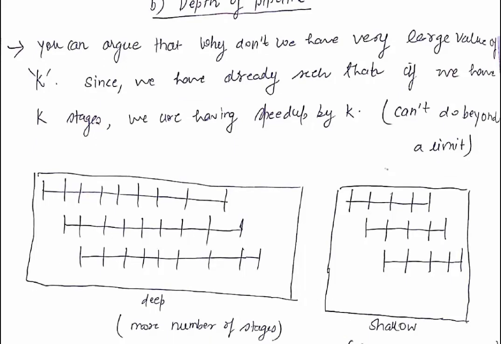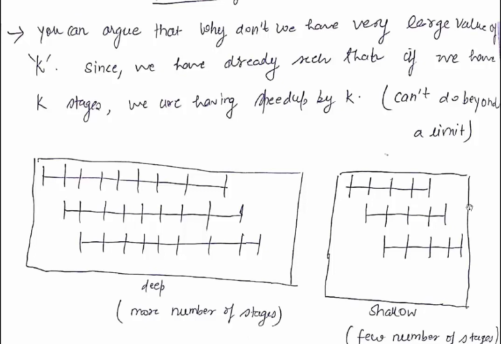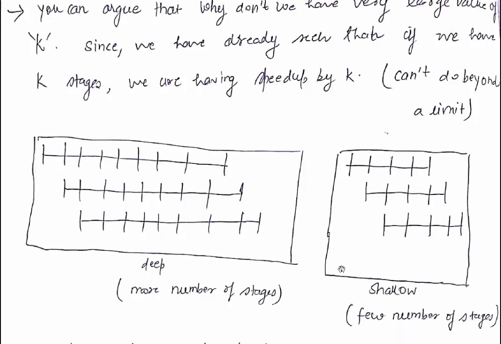You cannot increase the value of k beyond a specified limit. Let's say this is a deep pipeline and this is a shallow pipeline. A deep pipeline has more stages, whereas a shallow pipeline has few stages. There must be a restriction on the value of k. If you allow k to be very large, that will not help, because you cannot increase it beyond a limit. That limit we will discuss in due course of time.